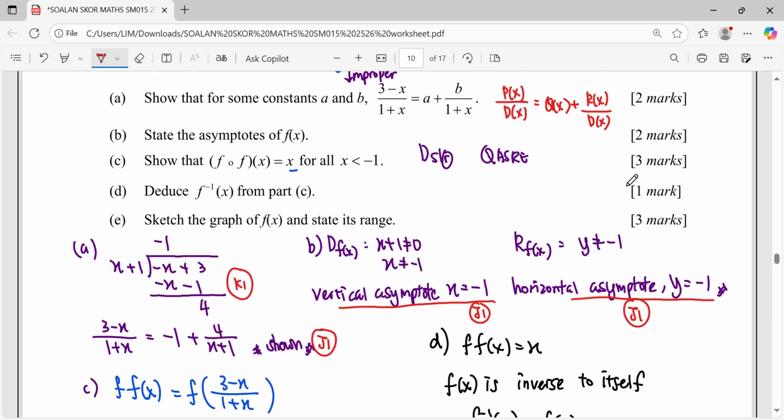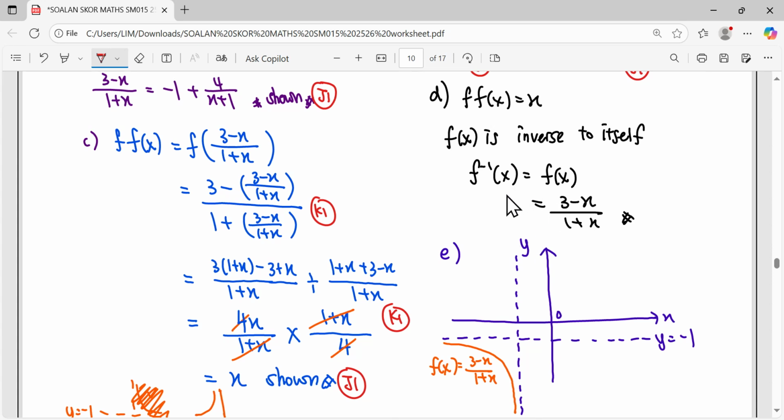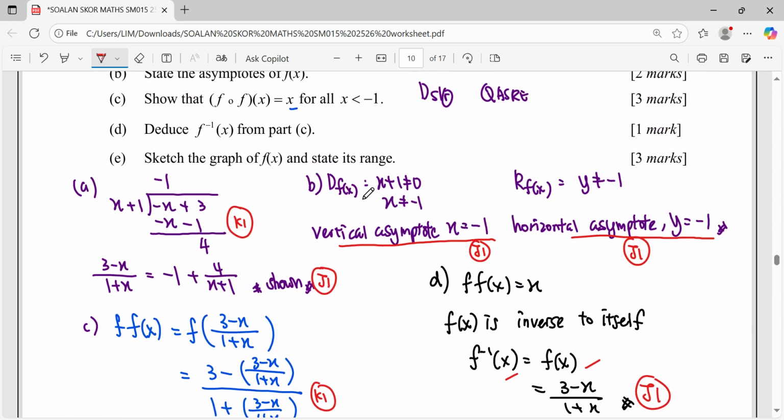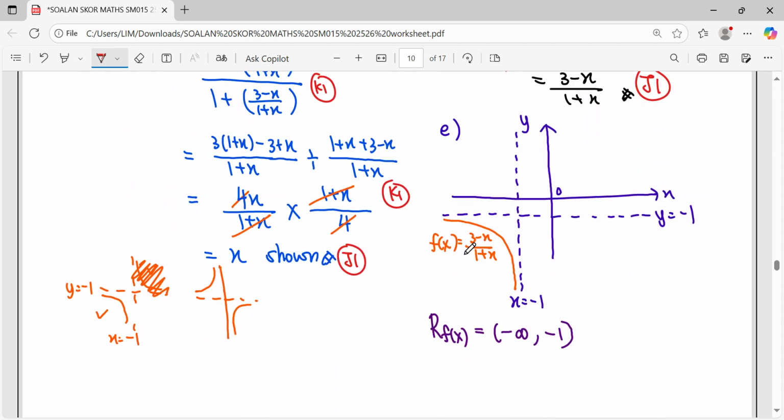Then question D, they ask you to deduce only. So state out what's your f inverse. As long as you show this equals f(x), then this is the answer. Lastly, E, sketch the graph and its range. So for the graph here, firstly, is your shape. So only this shape, this is one. And then another one is for labeling.